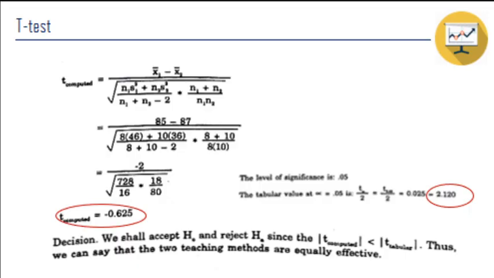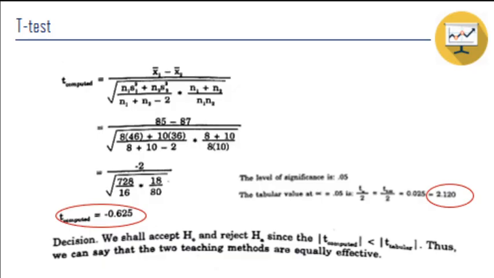So, ang T computed natin, applying the formula, is negative 0.625. So, i-compare natin siya sa critical value or tabular value natin, which is 2.120. Makikita natin na less than siya, 0.625 is less than 2.120, which is the tabular value.